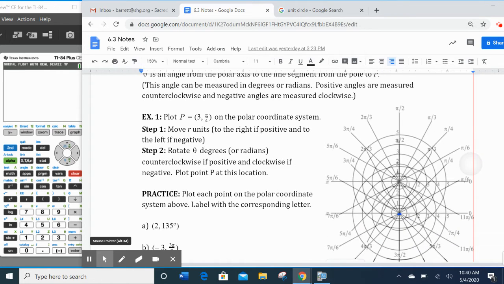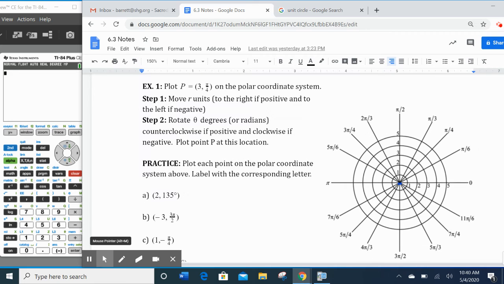A polar coordinate system looks like this. It has these angles on there and these circles. The first coordinate is 3, and that's r. So I am going to extend to the right 3 units: 1, 2, 3. That's not where the point is, because theta is pi/4.